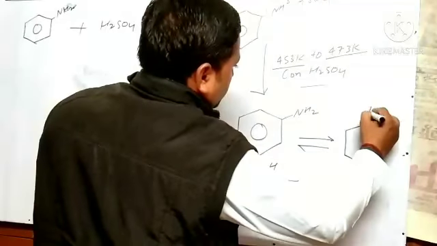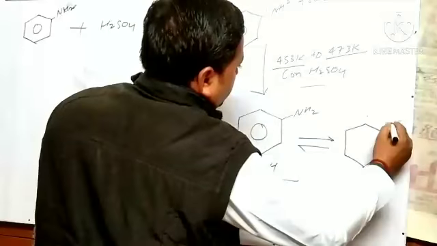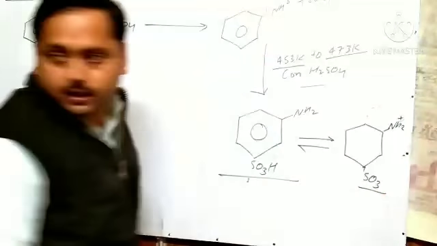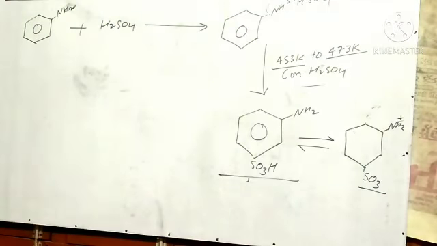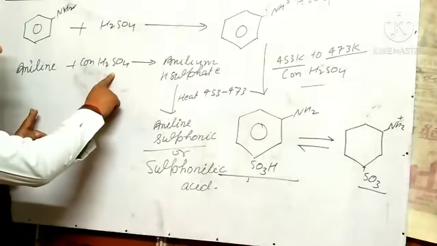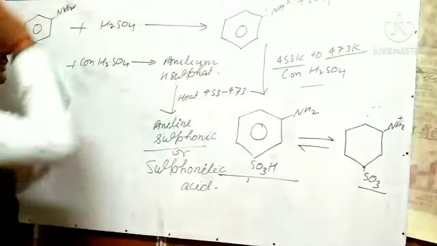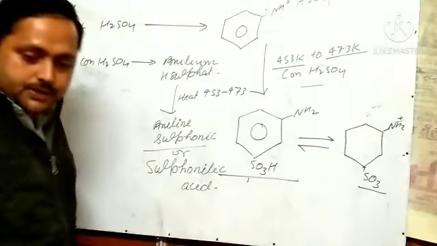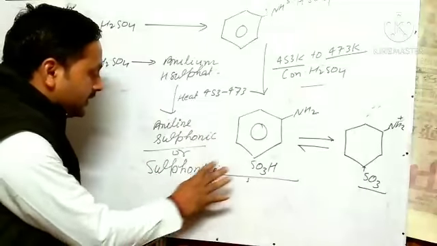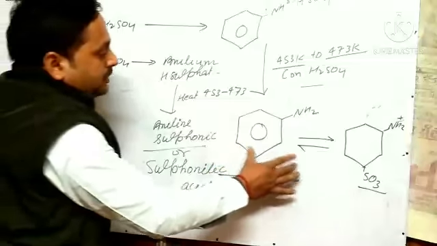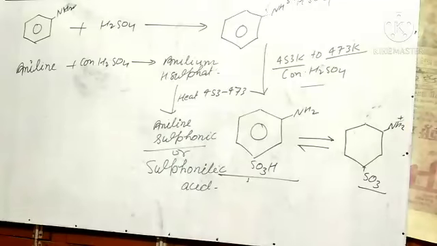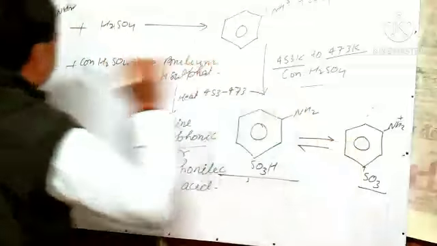Okay, students, here we can show like this and like this product. Okay. What we have seen here, when aniline reacts with sulfuric acid, anilinium hydrogen sulfate is formed, which on heating with concentrated H2SO4 forms sulfanilic acid. And they both show the resonance. Like this resonance.